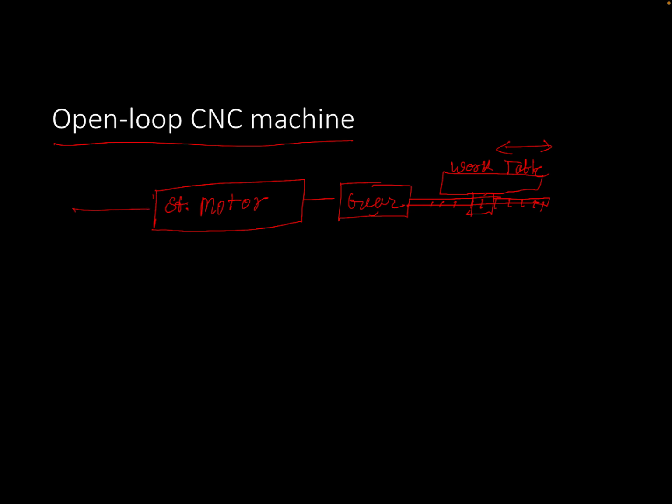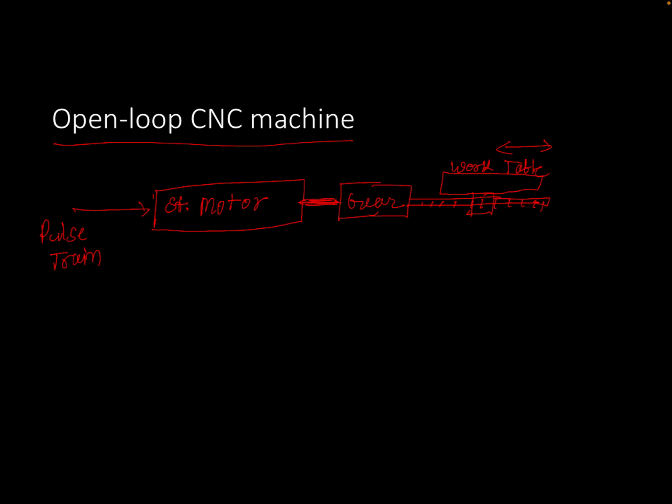Here it is the pulse train. The pulse train will feed to the stepper motor. The stepper motor will rotate and supply the mechanical work to the gearbox. This gearbox will reduce or increase the RPM or power to the lead screw, and then the lead screw is basically used to move this work table in different directions. But here you cannot observe any kind of feedback system. So this is basically the open loop control system.